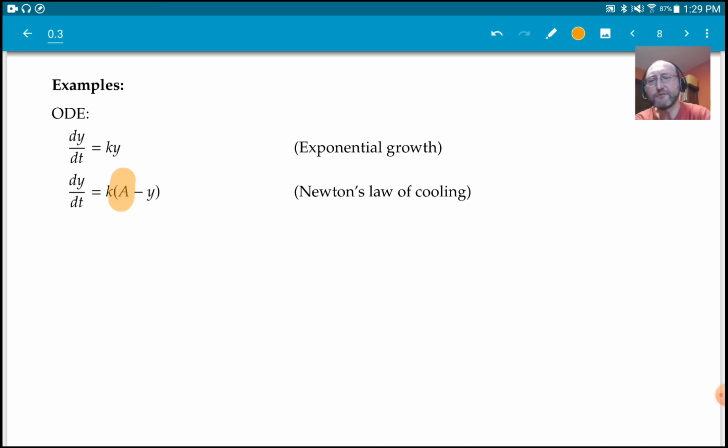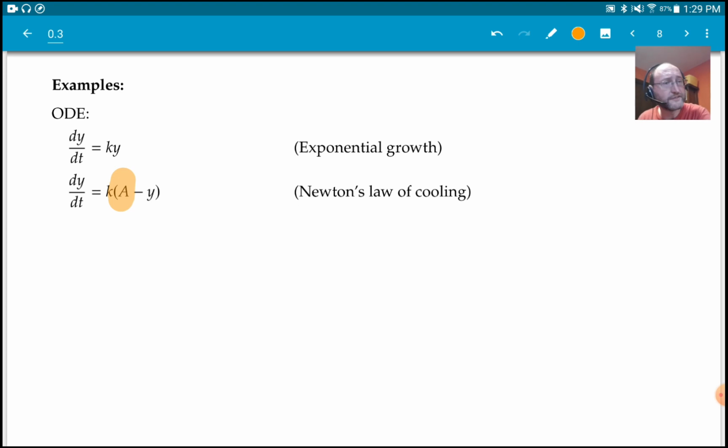Here, A would be some constant, the ambient temperature, and y would be the temperature. Something is cooling towards the ambient temperature, so the rate at which the temperature changes depends on the difference between the temperature of the object and the ambient temperature.